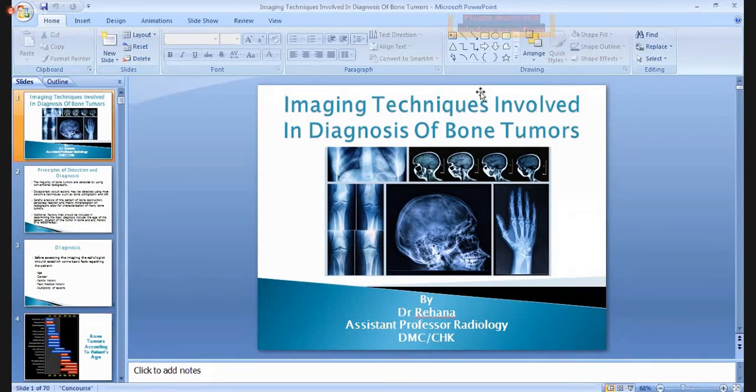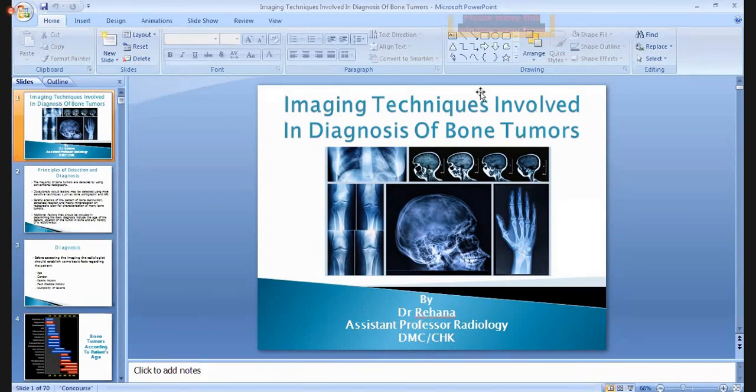Osteomyelitis is usually an infective process in which most of the time there is a periosteal reaction, Codman's or lamellar periosteal reaction, and it involves the metaphysis of the bone. Eosinophilic granuloma involves the diaphysis of the bone.